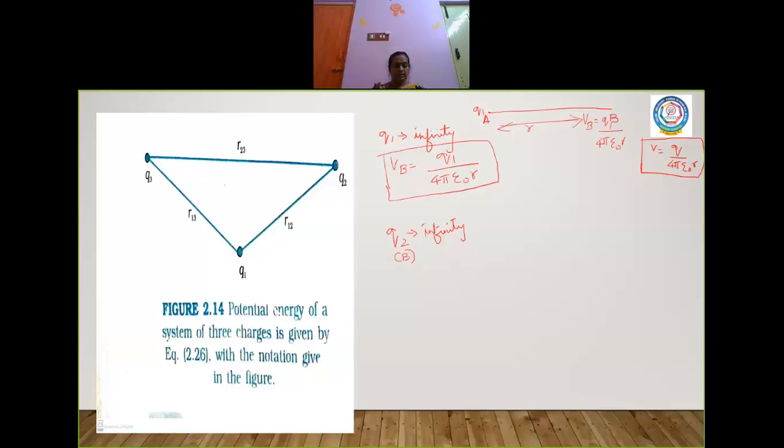So the work done in bringing the charge Q2 from infinity to B is the electric potential there into the charge Q. The work done on Q2 is the potential, Q1 by 4 pi epsilon naught R, into the charge.